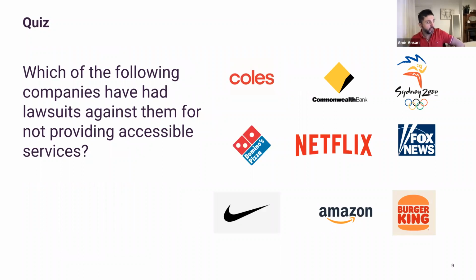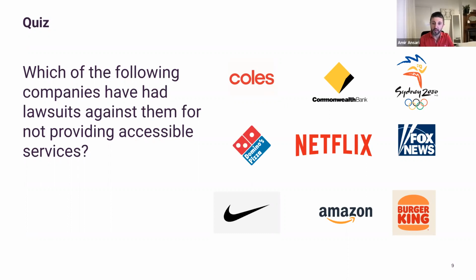Which of the following companies have had lawsuits against them for not providing accessible services? Now, Lauren, you can shush. Queenie, thoughts? Just pick the names. Burger King? Okay. It's a random guess. I have no idea. Okay. Pia? Netflix.